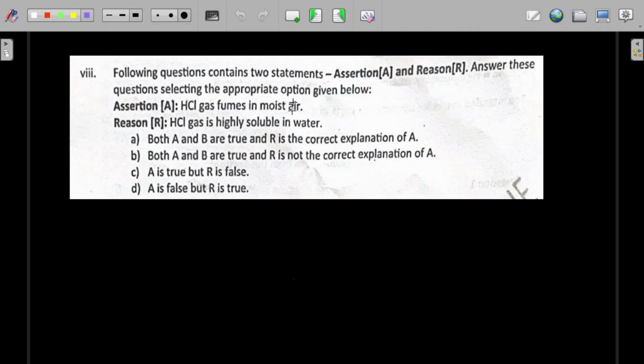Following question: HCl gas fumes in moist air. HCl gas is highly soluble in water. Fumes in moisture, meaning what? Once you prepare HCl gas, it will dissolve in the atmospheric water vapor, so that time we observe fumes.